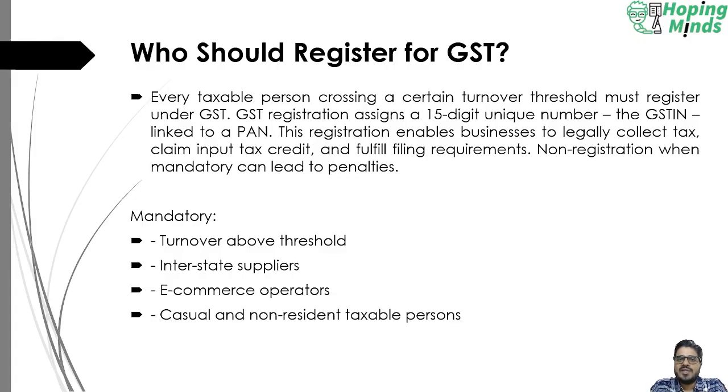If an entity is executing interstate supplies, it cannot do so without getting enrolled under GST. E-commerce operators like Amazon, Flipkart must get enrolled in order to carry on their business. Casual taxable persons and non-resident taxable persons are compulsorily required to get registered under the GST.